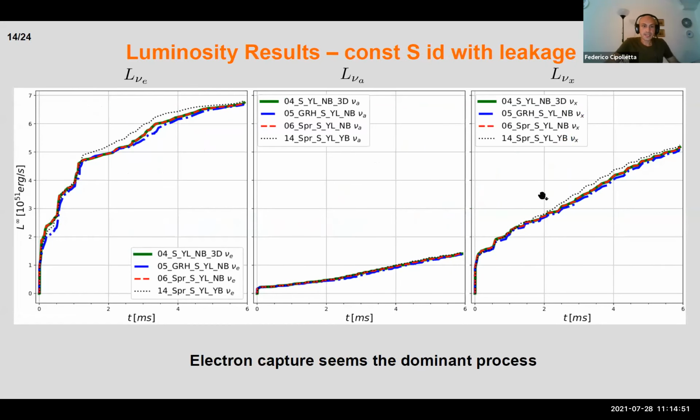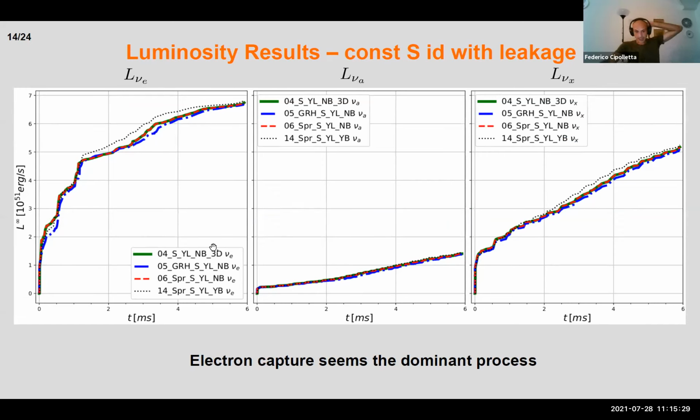We also consider the results for the luminosity of different kinds of neutrinos. We have the electron neutrinos, the electron antineutrinos, and the other kinds of neutrinos all grouped together, which we call nu-X. And we can see the evolution of the luminosity as observed at infinity, as outputted by the code.